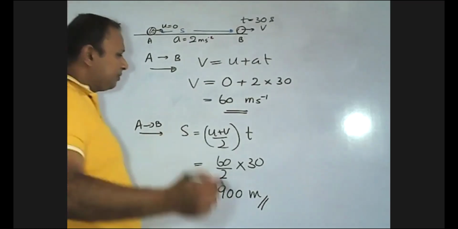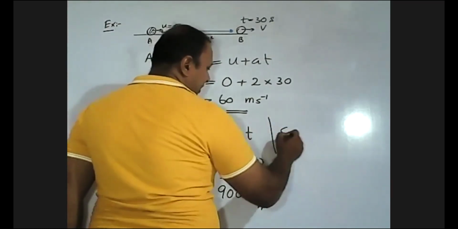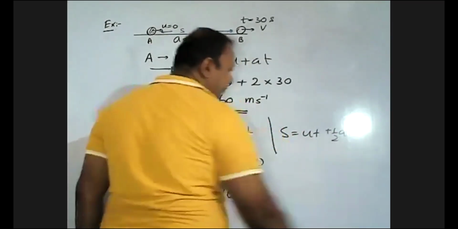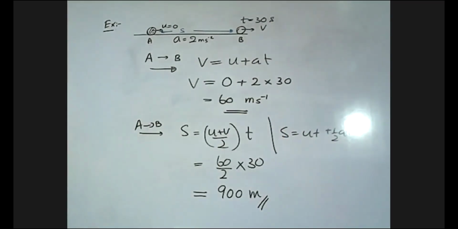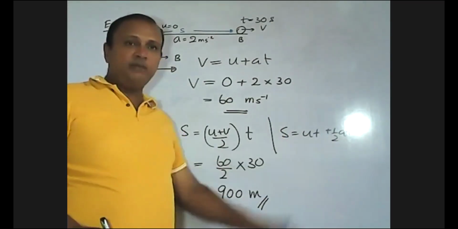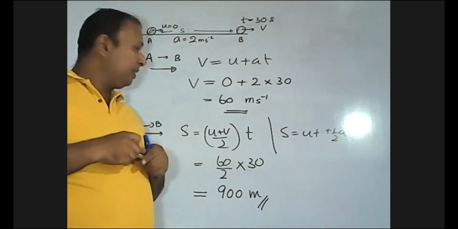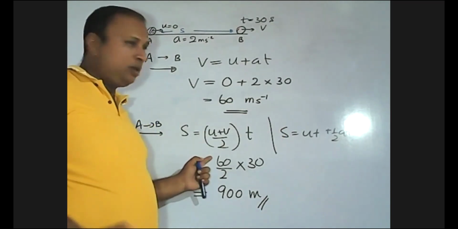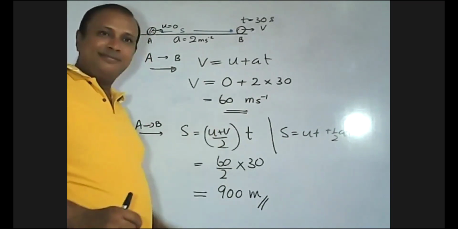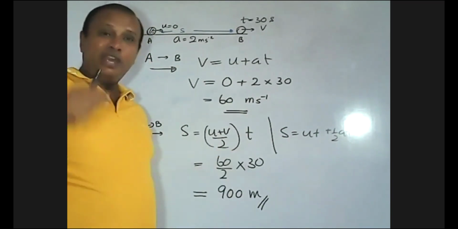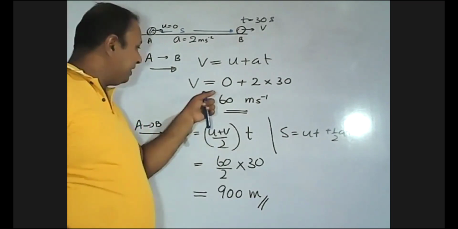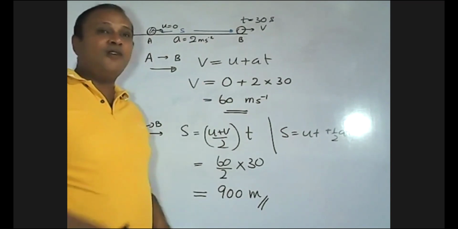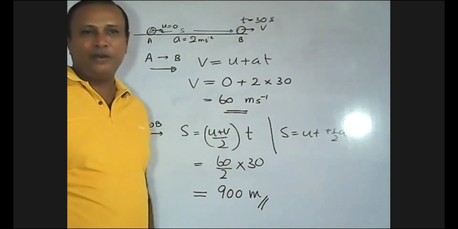Or you can use this equation: S equal UT plus half AT square. Actually, I prefer this equation because when you use the other equation, you have to depend on V. If you have made some mistake when finding V, then the S value will also be wrong.